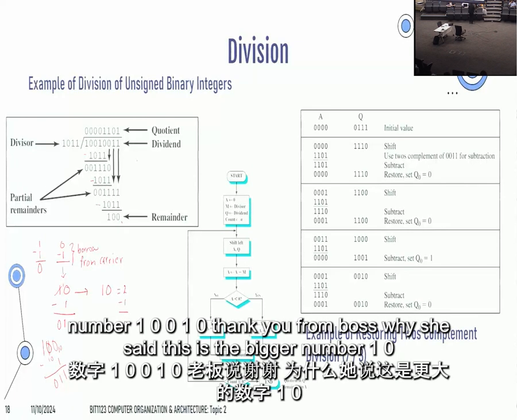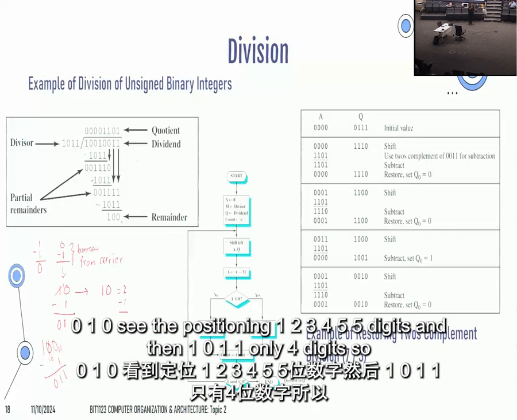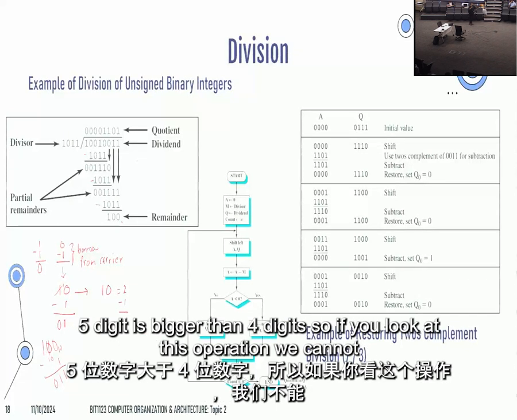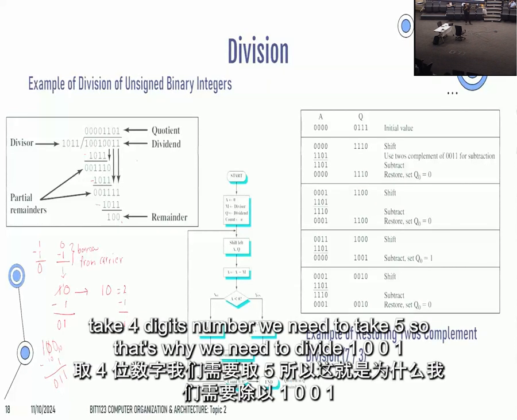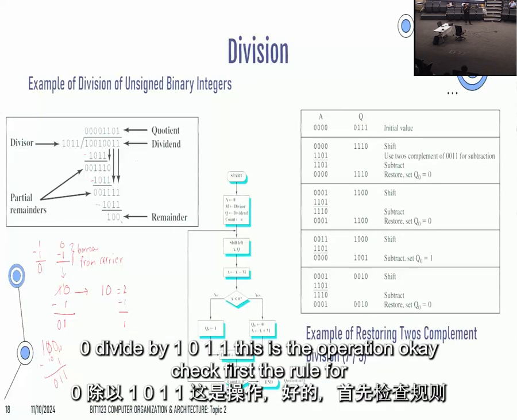The second number is 10010. Why did she say this is the bigger number? 10010, see the positioning, 1, 2, 3, 4, 5. 5 digits, and 1011 only 4 digits. So 5 digits is bigger than 4 digits. If you look at this operation, we cannot take a 4-digit number. We need to take 5. So that's why we divide 10010 by 1011. This is the operation.